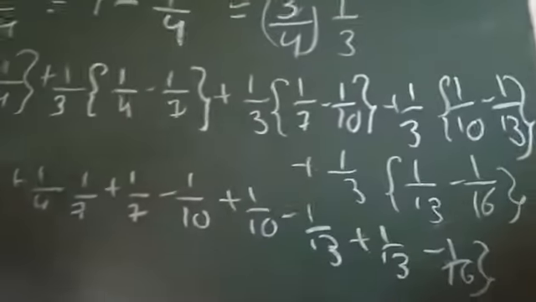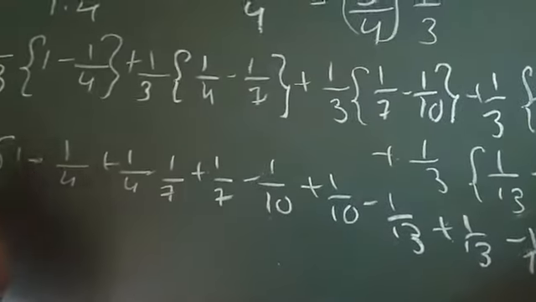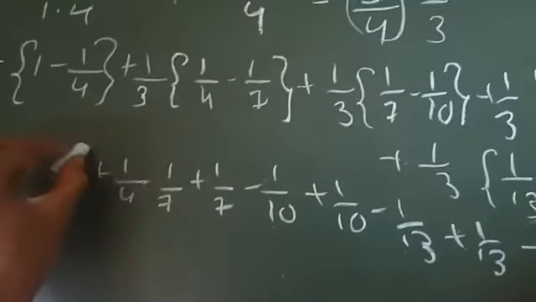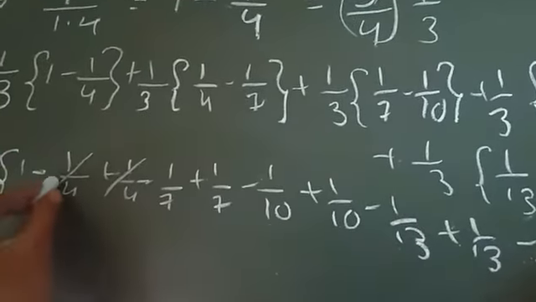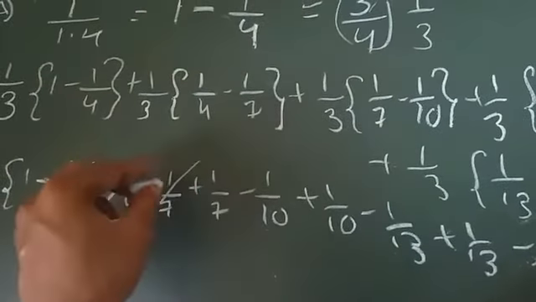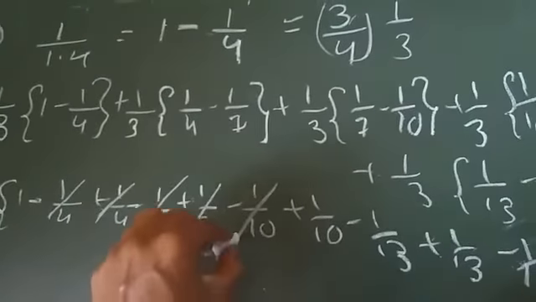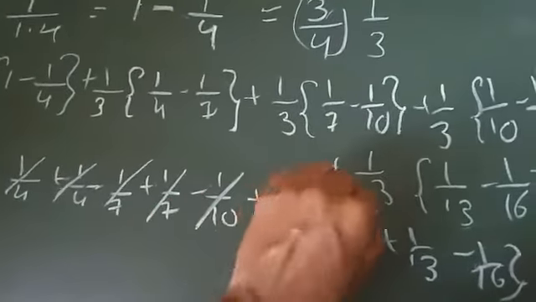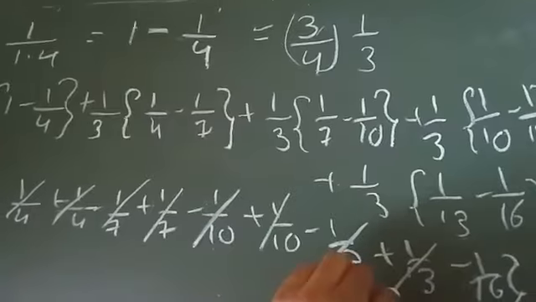Right? So observe here, there are common terms with plus and minus. Cancel those terms: plus 1 by 4, minus 1 by 4; minus 1 by 7, plus 1 by 7; minus 1 by 10, plus 1 by 10; minus 1 by 13, plus 1 by 13.